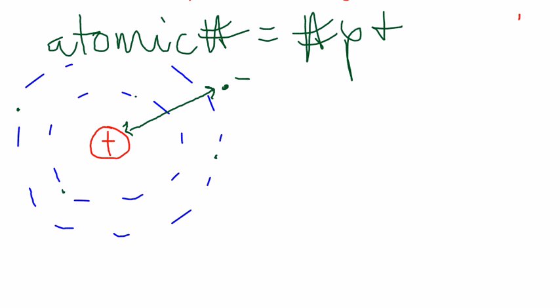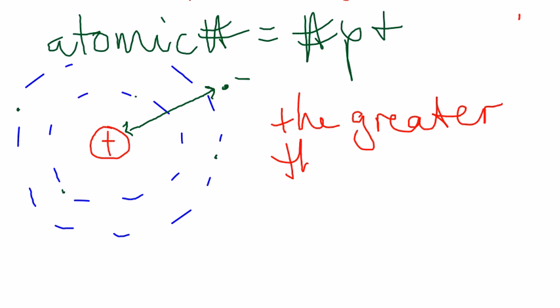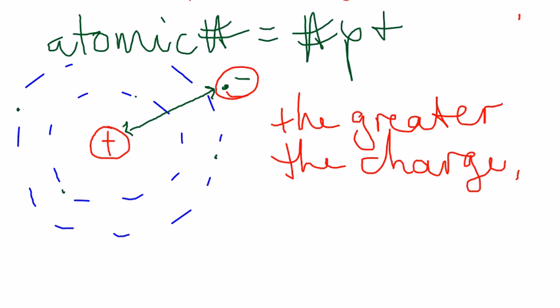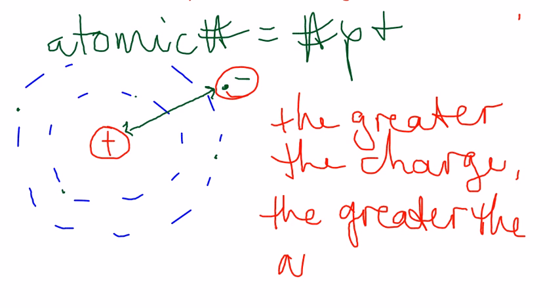We know that the greater the charge, the greater the attraction. So if the nucleus has more protons, it's going to be more positive. That means the electromagnetic pull it's able to exert on this electron out here is going to be greater. So the greater the charge, the greater the attraction.